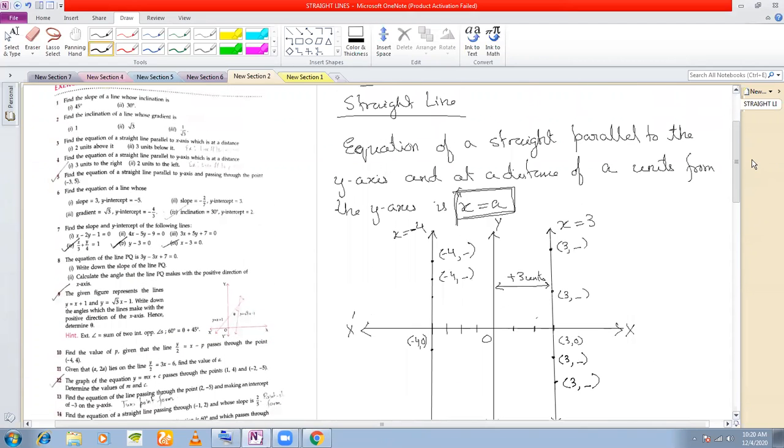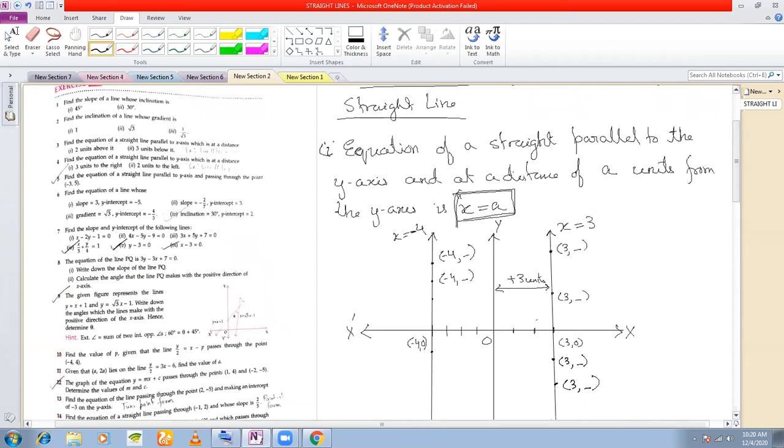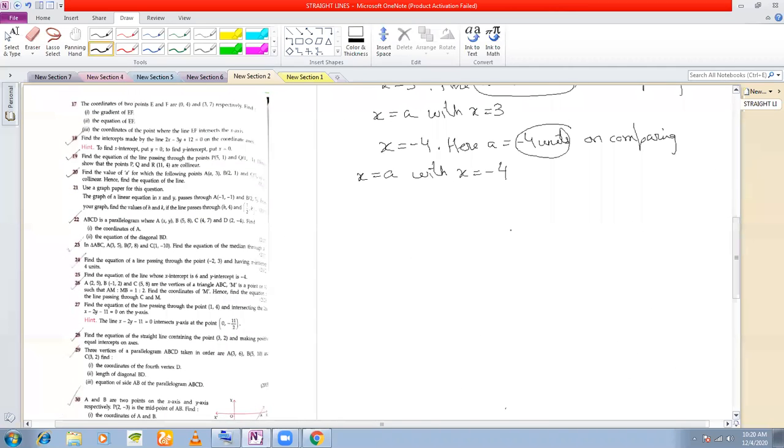Let us come to the next standard equation. Let us call this number 1: equation of a straight line parallel to the y-axis.